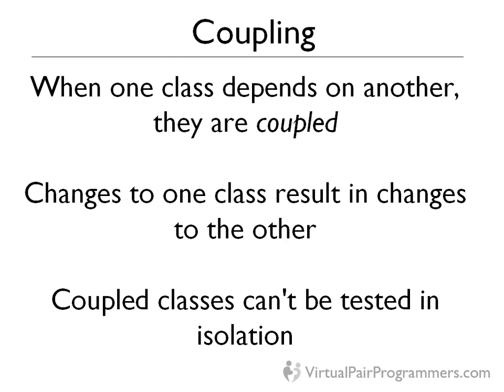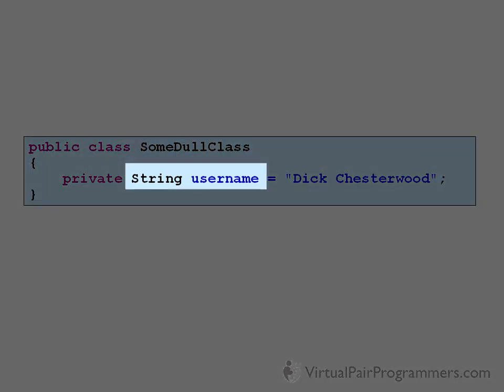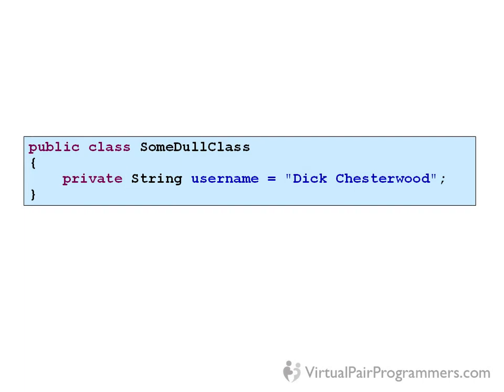Now, it's important to mention that coupling can't be eradicated completely. We do need some degree of coupling in any system. For example, the following code, perfectly normal, straightforward Java. But there's coupling here. Here, we've coupled our code to the Java string class. Now, as you know, of course, this is part of the Java library, and this class is outside of our control.